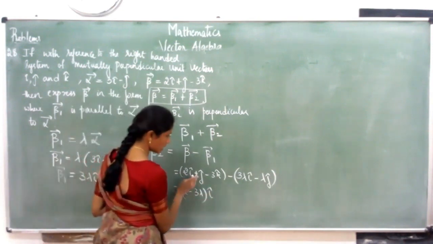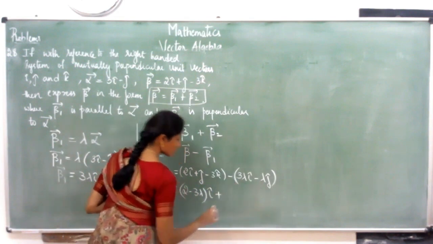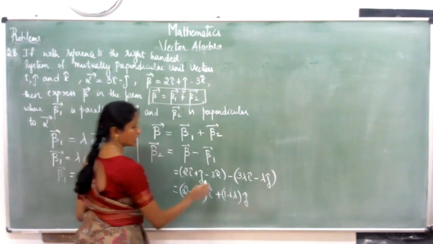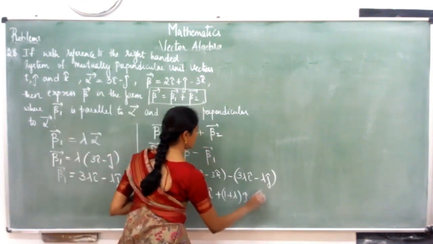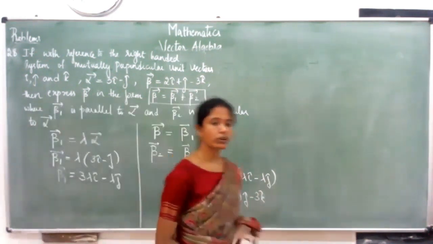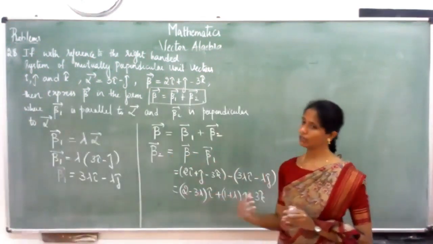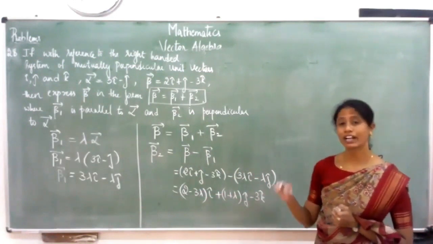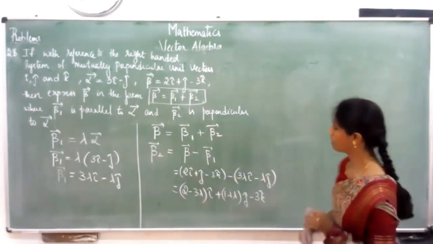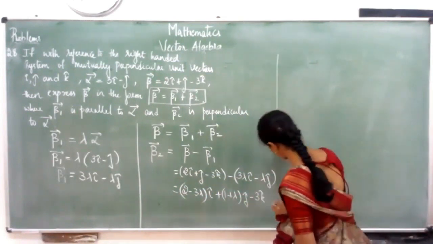Next, 1, minus into minus is plus, so it will be 1 plus lambda into j cap. Next you have minus 3 k cap. So when you subtract these two vectors, you get this. We found beta 1 and beta 2, but still we need to find lambda in order to find the actual values of vector beta 1 and vector beta 2.